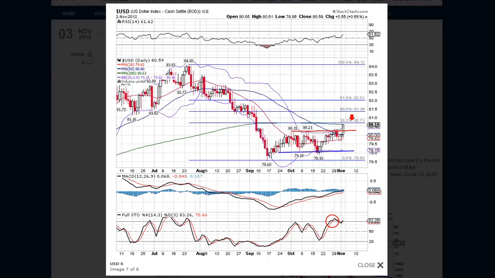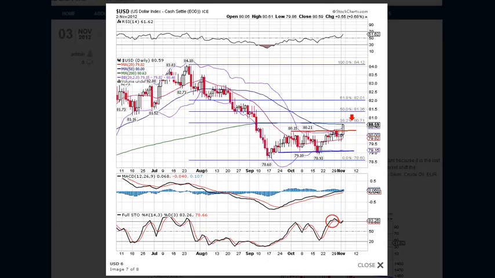Resistance above there is located at 80.71, which is the fib retracement level from the 84 high to the 78.60 low. And only a successful breakout higher above those levels would potentially target 81.36, which is a 50% fib retracement.